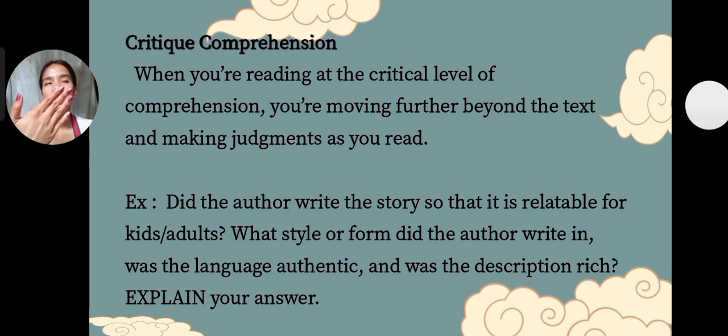And the essential skill, which is applying the themes of the story to today's world. And lastly, the critic comprehension, which is moving further beyond the text and making judgments on how the author writes his or her story. From the word critic, this is also the critical level of comprehension.